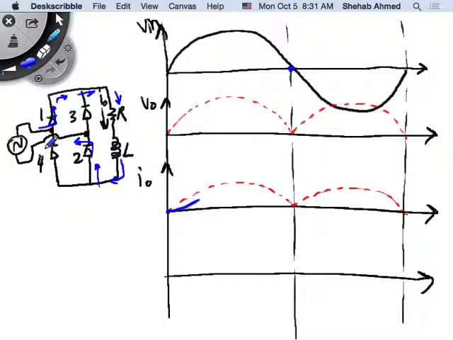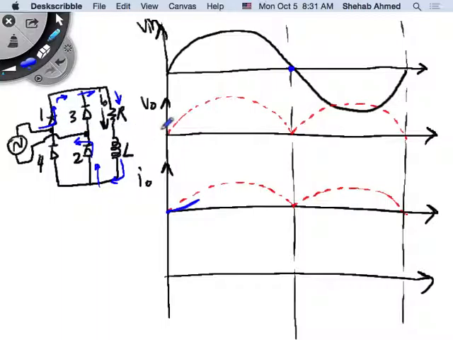Similarly, as soon as the voltage tries to flip polarity, diodes 3 and 4 will automatically start conducting. And if diodes 3 and 4 start conducting, then diodes 1 and 2 will stop conducting.